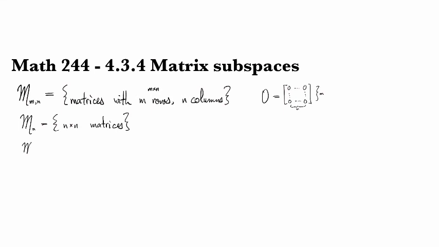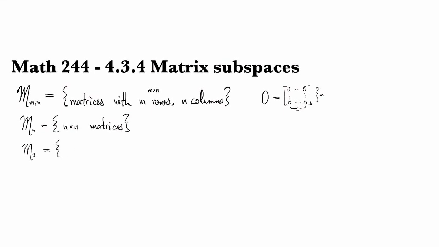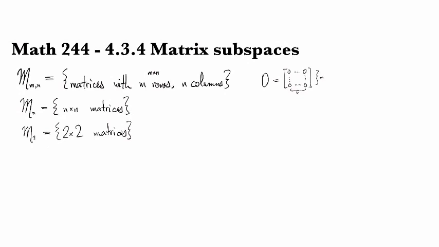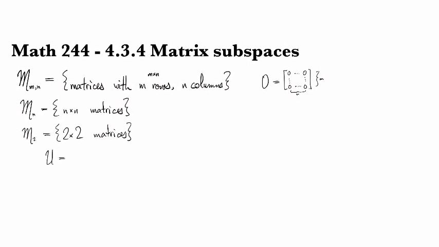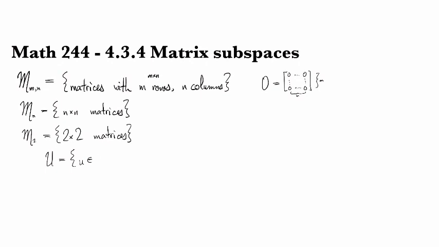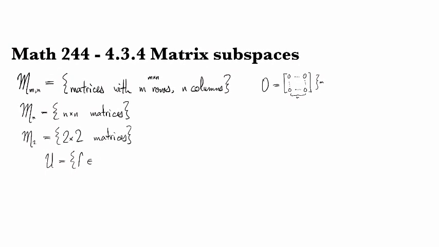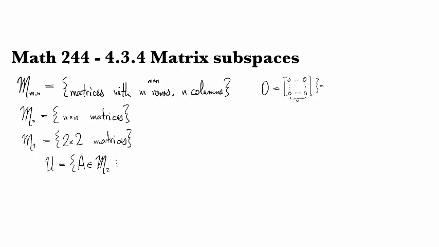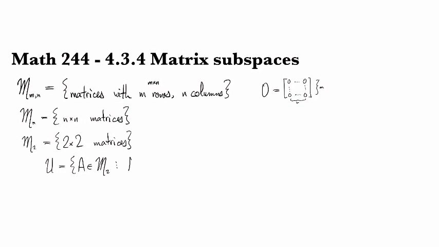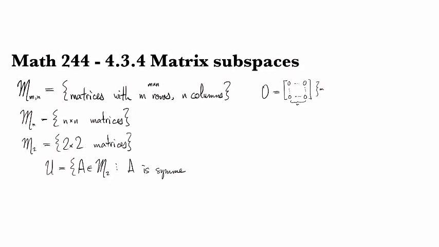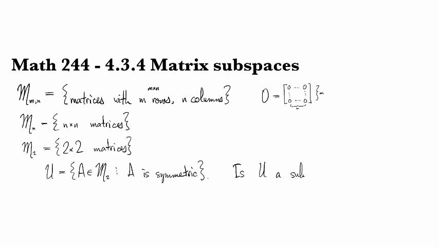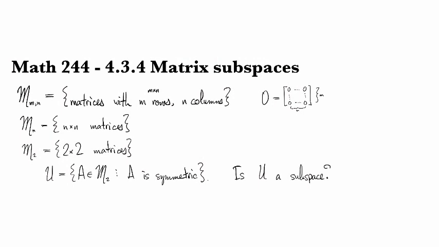And if we start off by looking at, say, M2, I would ask you, let's take U to be all of the elements of M2, and since we usually write these with capital letters, all matrices of M2 which are, say, symmetric. Is U a subspace of M2?